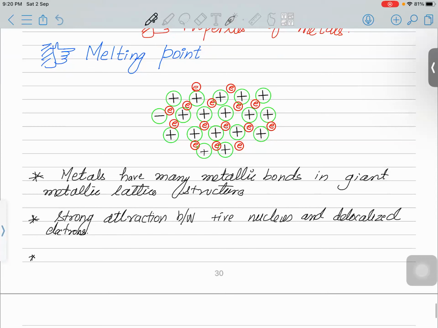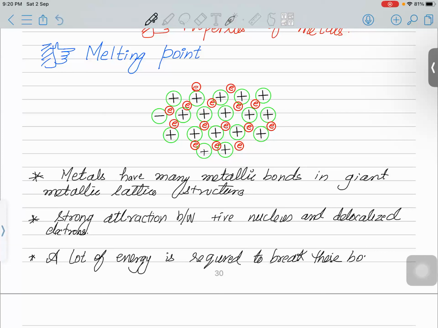Point number 3, a lot of energy is required to break these bonds.